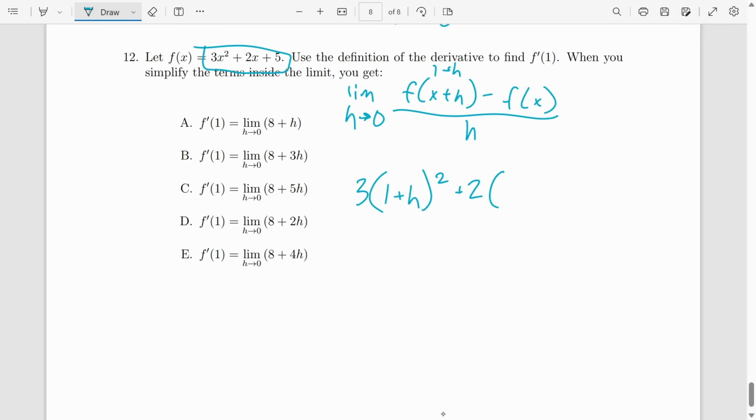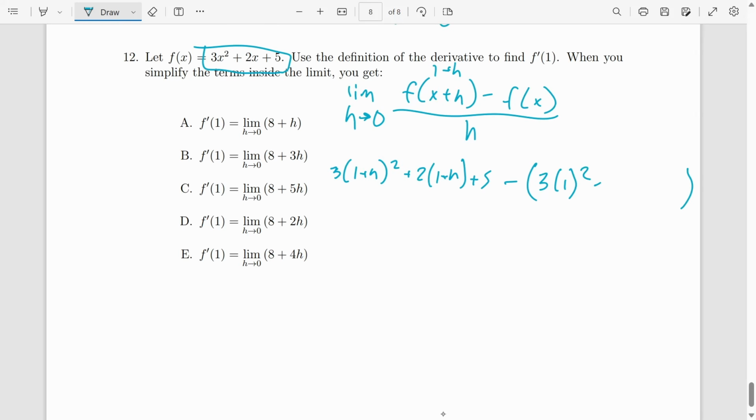Ooh, I really should have written smaller. Let me go ahead and rewrite that. So this will become 3 of 1 plus h squared plus 2 of 1 plus h plus 5 minus, big parentheses here, 3 of 1 squared plus 2 of 1 plus 5.